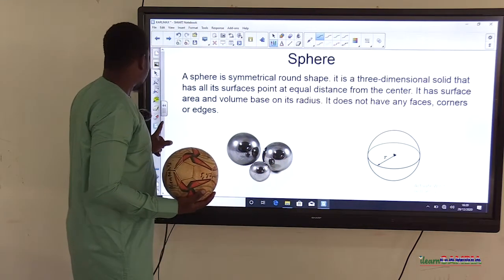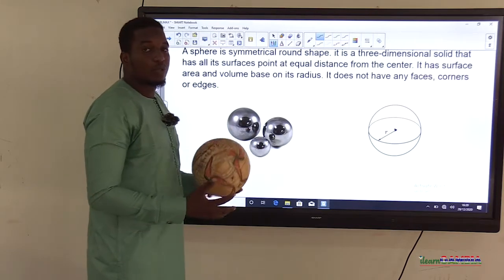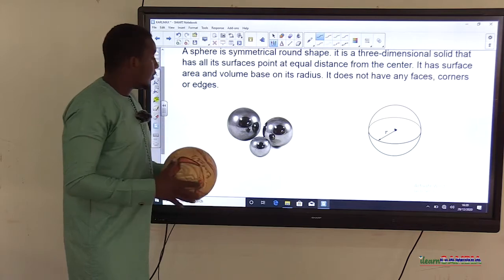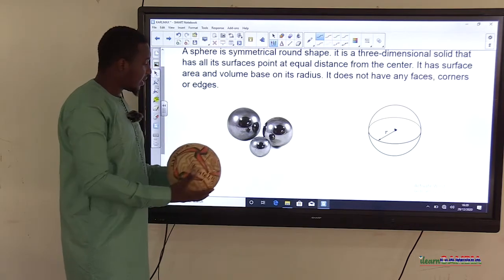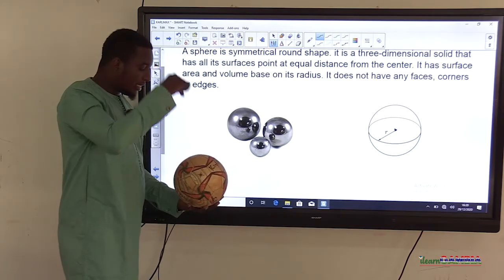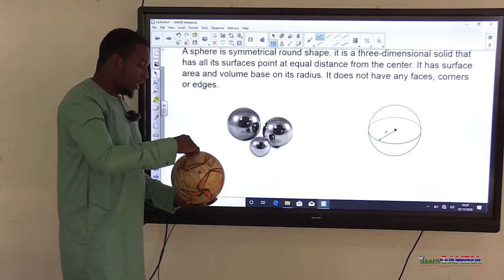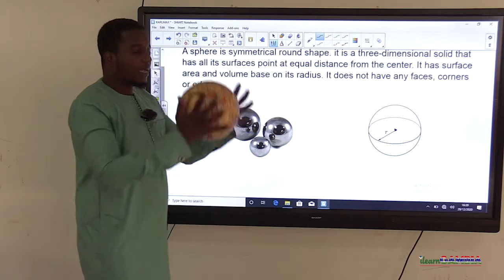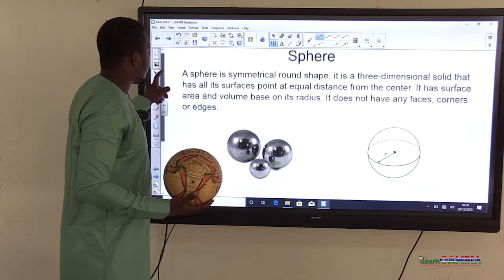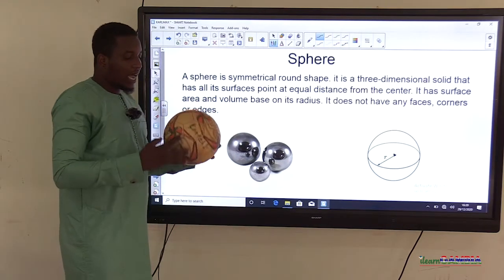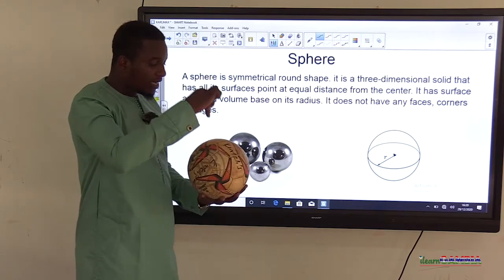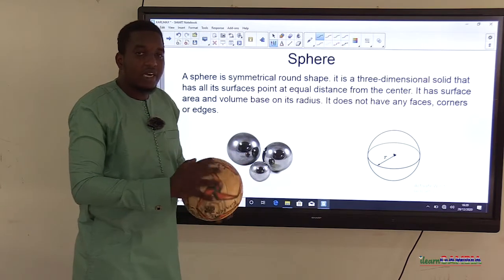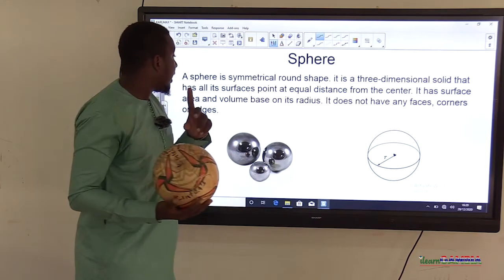Another example is marbles. They also have a perfectly round shape, and the center of the marble is an equal distance from the surface of the marble. Like here, if you take this ball to be a sphere, it has an equal distance from the center of the ball to the outside, that is the surface of the ball. It is an equal distance.